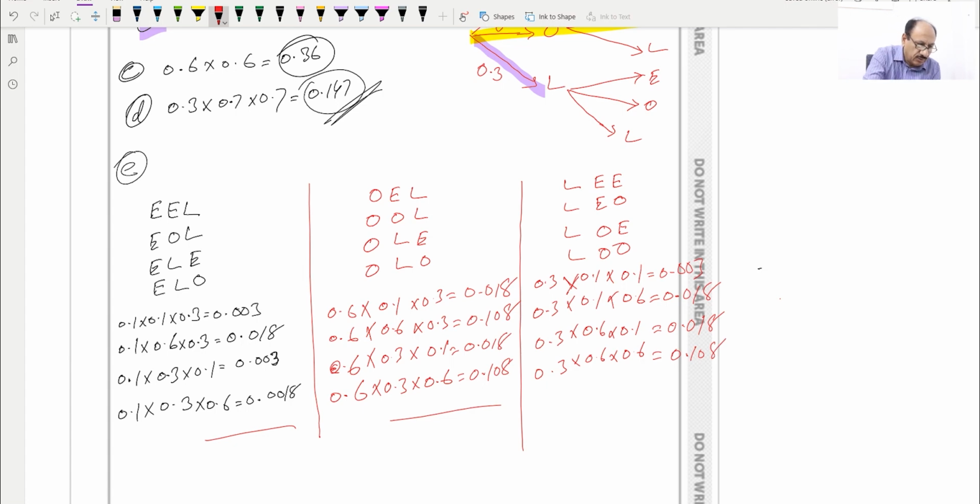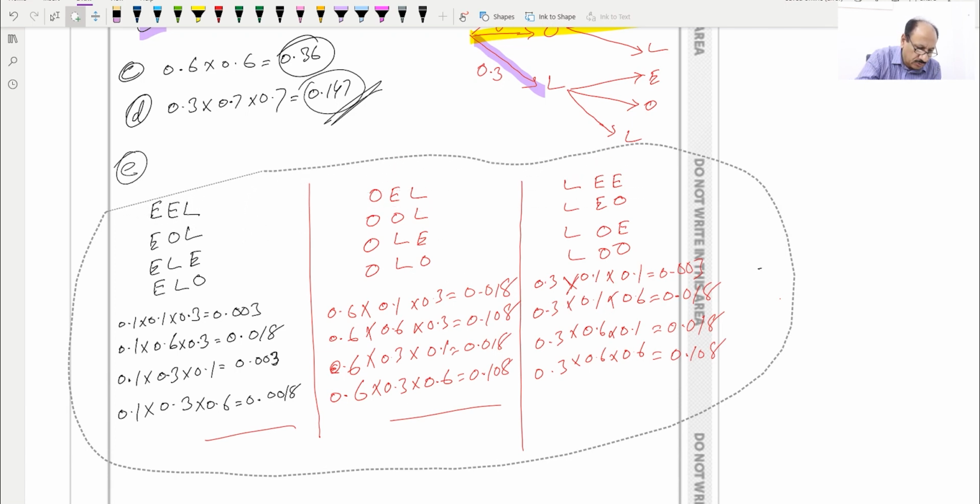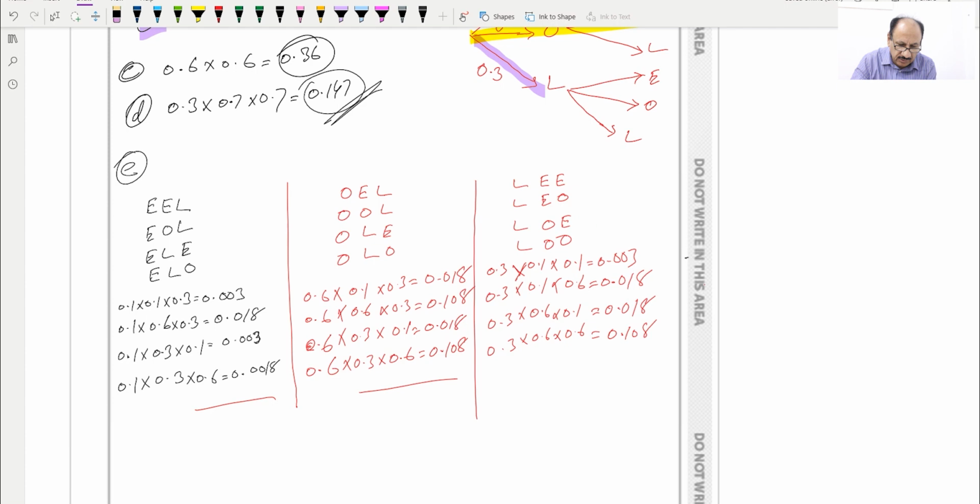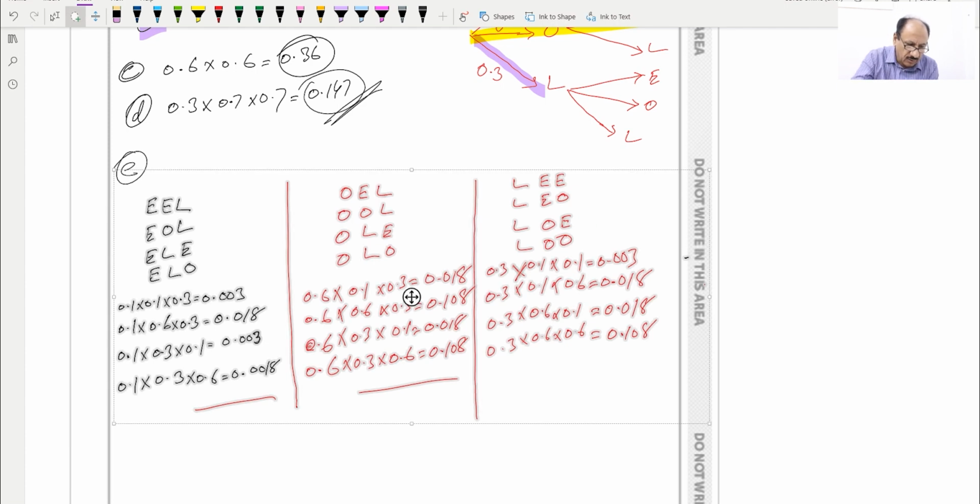Now I will be shrinking this whole thing a little so that it fits in properly over here, and now we can use this.